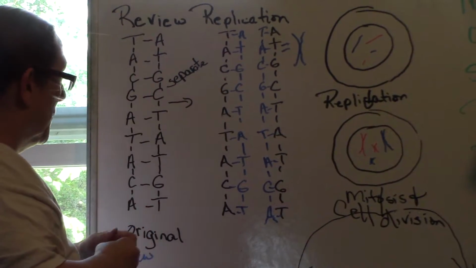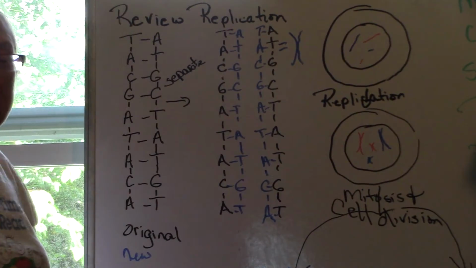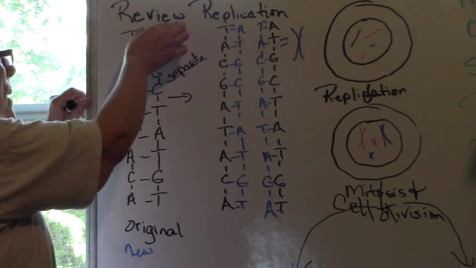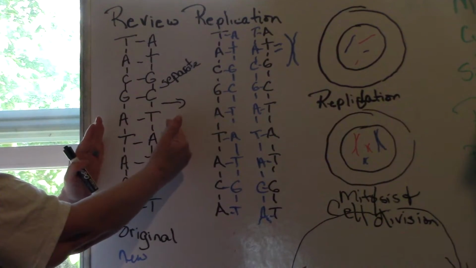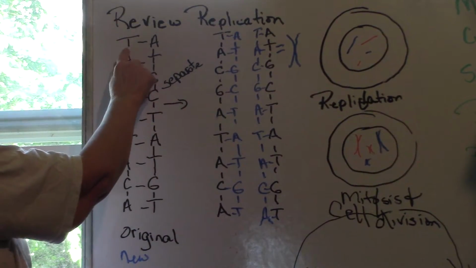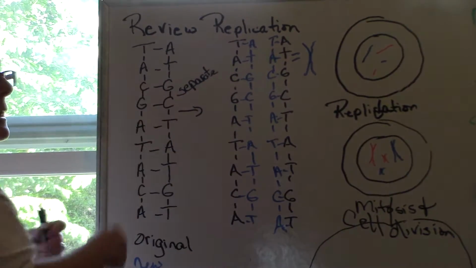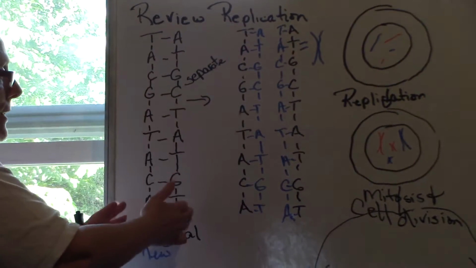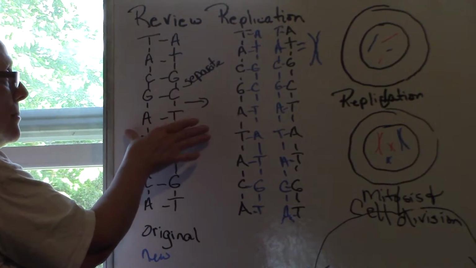Okay, so you were to start with a single strand of DNA, which I gave you, replicate its complementary strand, and then you would have this, with the thymine base pairing with the adenine and the cytosine with the guanine. So a very simple thing to do to create a double-stranded molecule.